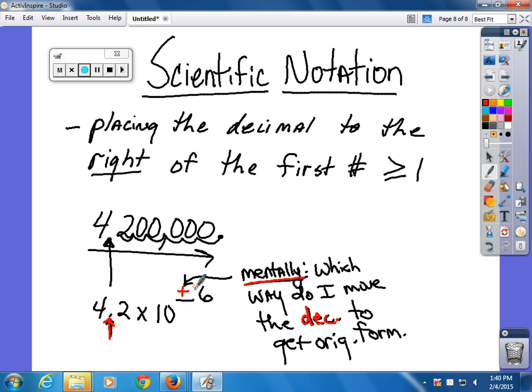So I don't teach it that way. So the answer is 4.2 times 10 to the 6th power. Like I said, 90% of you will get this right with no problem. That's not what I'm focusing on. I'll do a small one in just a minute, and then we'll move to the problems that y'all go haywire on.